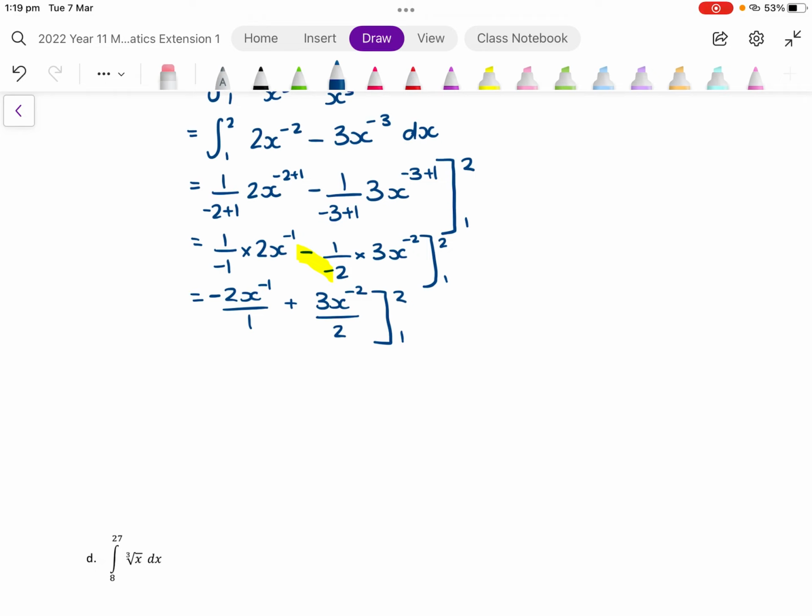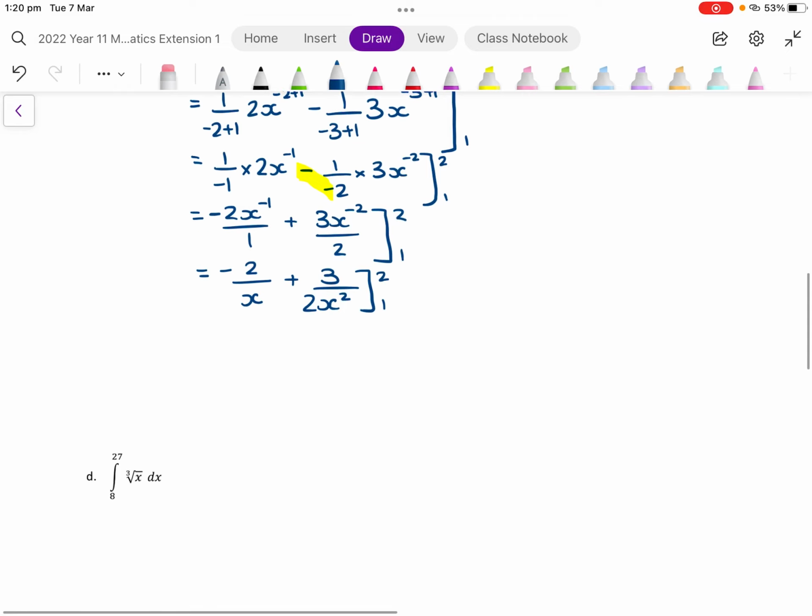We can further tidy this up by getting rid of our negative indices. So we'll have negative 2x to the power of negative 1 is just negative 2 over x, plus 3x to the power of negative 2 is 3 over 2x squared, and we're going to substitute in our 1 and 2 next.